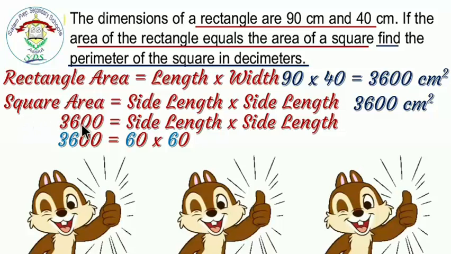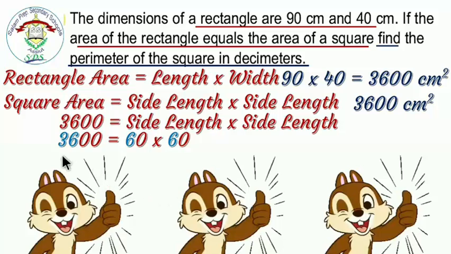Square area equals 3600. We don't know the side length. It's required. So we will put side length times side length.